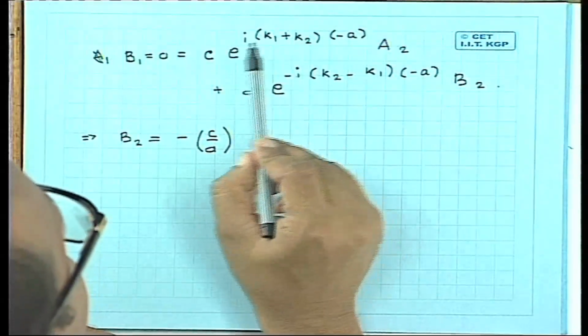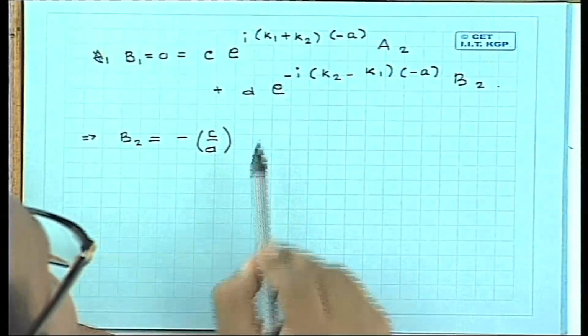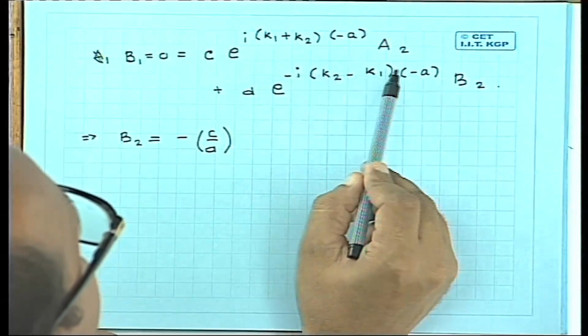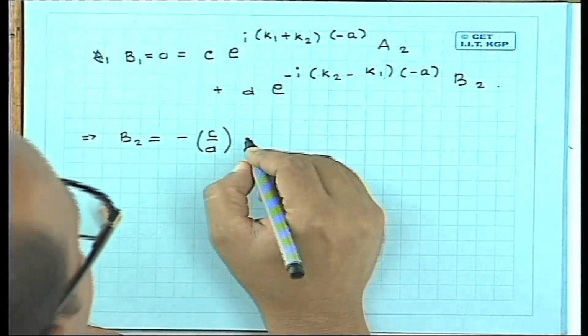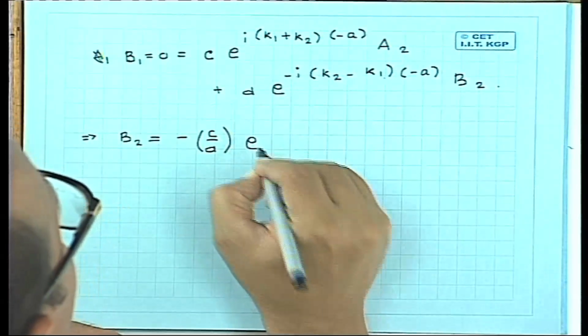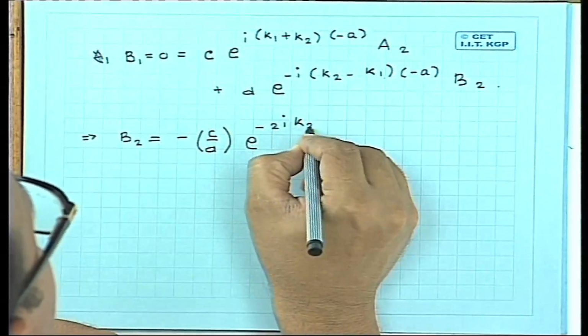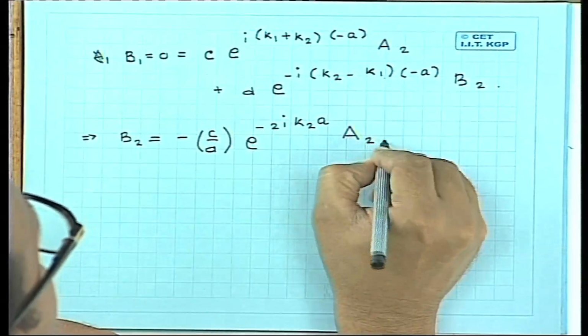What we have over here is e to the power I K2 into minus A, e to the power I K2 into plus A. So if I take this onto that side, this will give me e to the power minus 2I K2 into A, times A2.